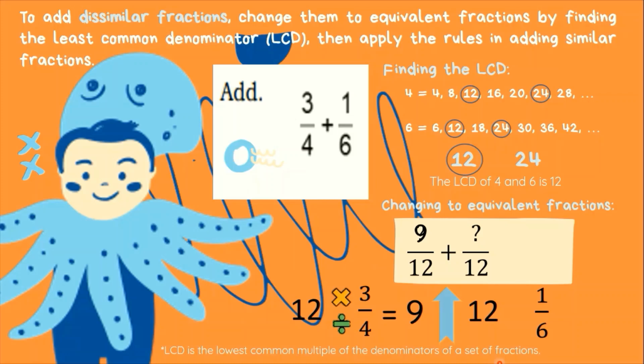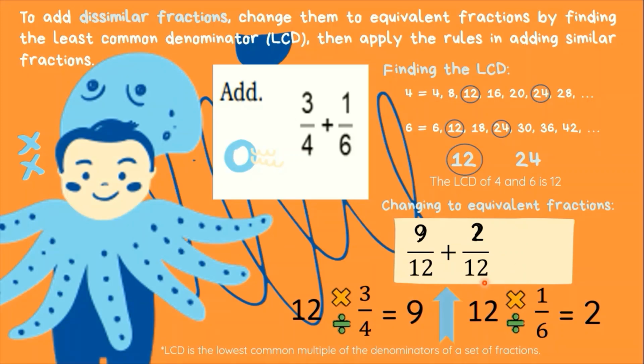Same process tayo. Di-divide lamang si LCD kay denominator and yung quotient ay i-multiply kay numerator. 12 divided by 6 is 2. 2 times 1 is equal to 2. So, yung gagamitin natin numerator, nakatumbas ni 1/6. Dahil 1/6 and 2/12 ay equivalent fractions.